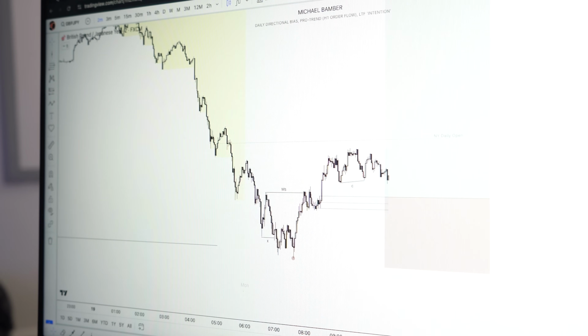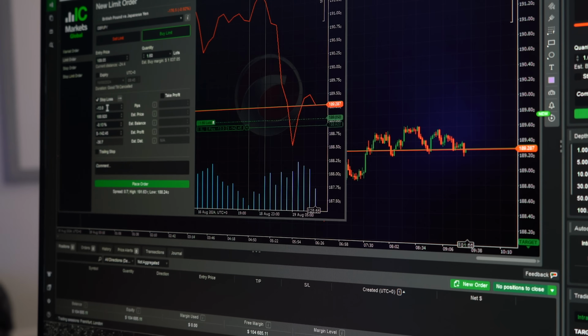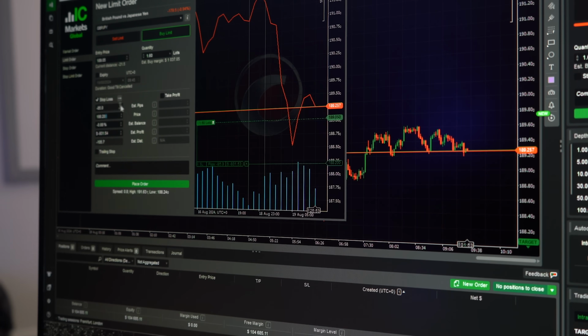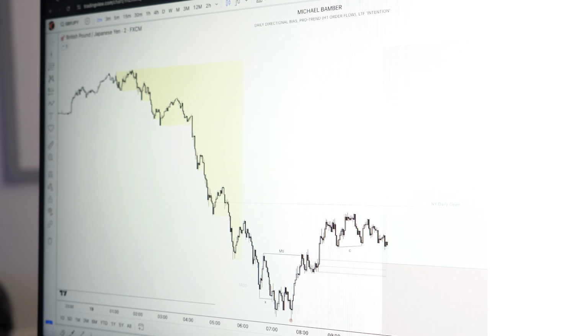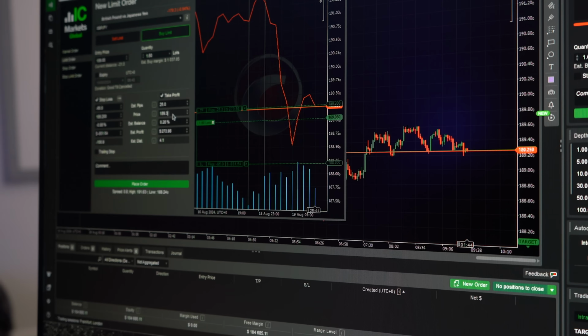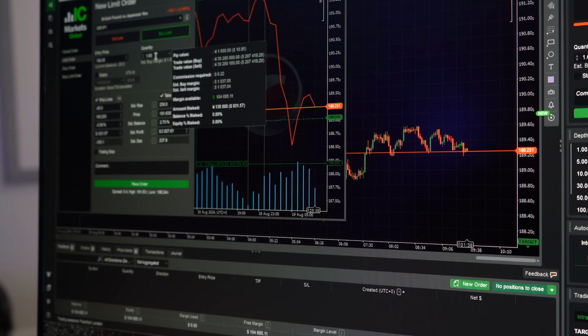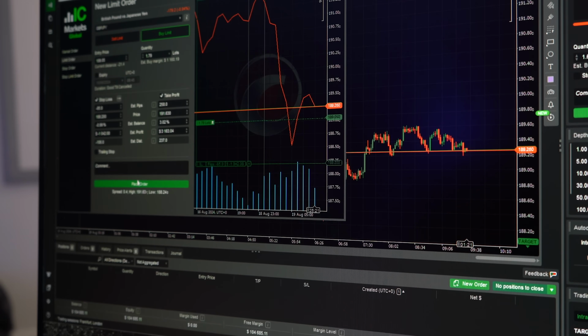188. Beautiful. TP 19163. Beautiful. So let's place the limit order together.